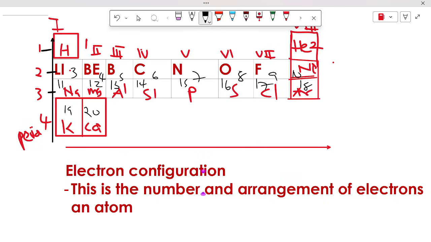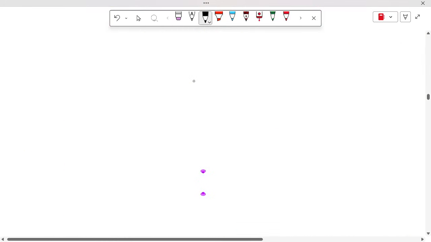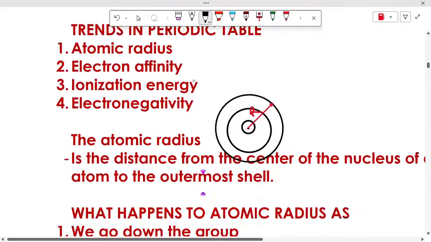What happens to the atomic radius as we go down the group? We answer that question depending on the structures.